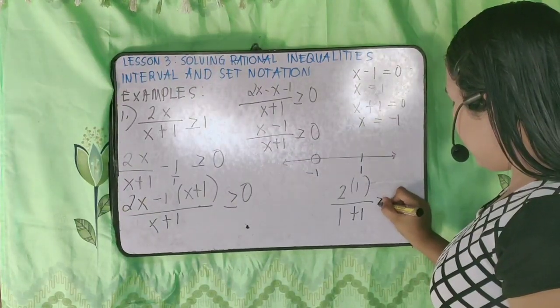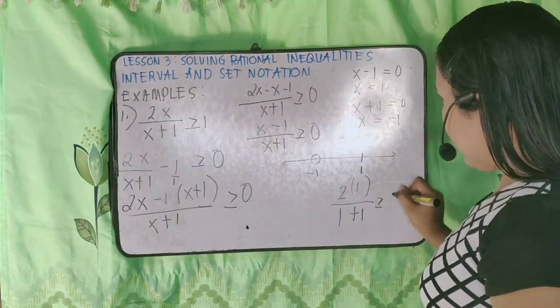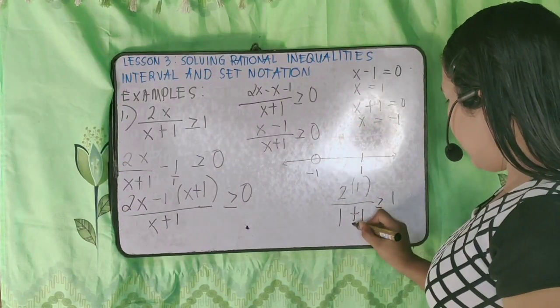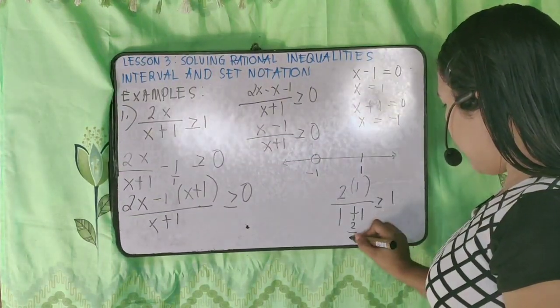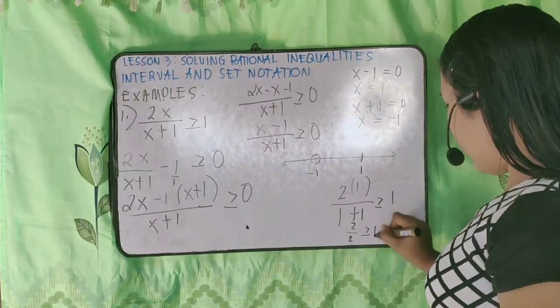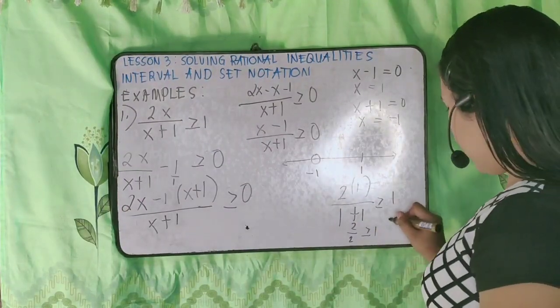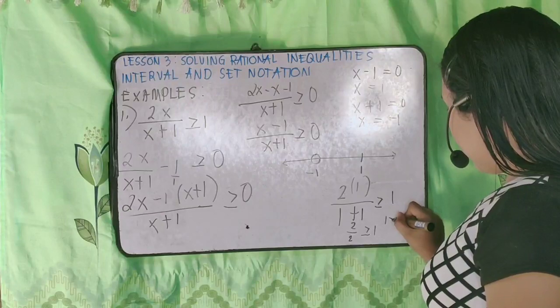So, greater than or equal to 1. So, 2 times 1, we have 2. 1 plus 1, we have 2. Then, greater than or equal to 1. So, 2 divided by 2, of course, we have 1 is greater than or equal to 1.